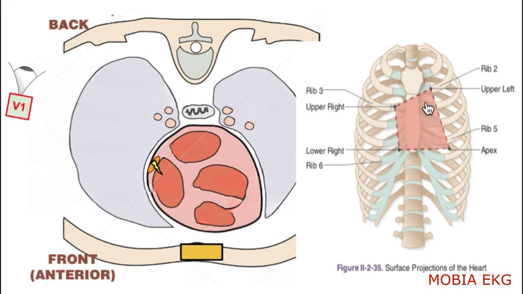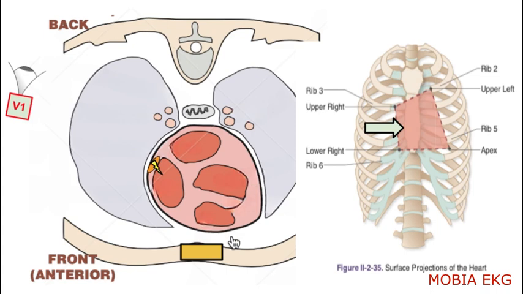If you pay attention to this picture again, the right border of the right heart passes a little bit through the right sternal border. As a result, lead V1 should be on the parasternal line. Para means neighbor, it means next. So here is exactly the place we have to place lead V1.